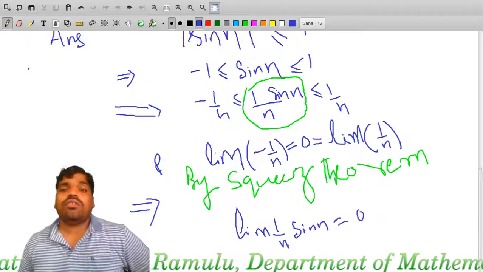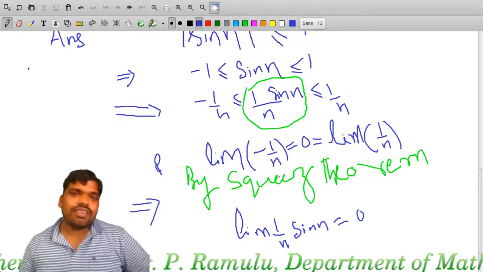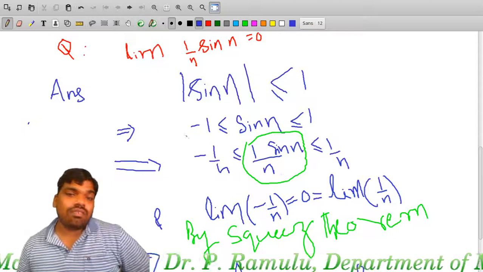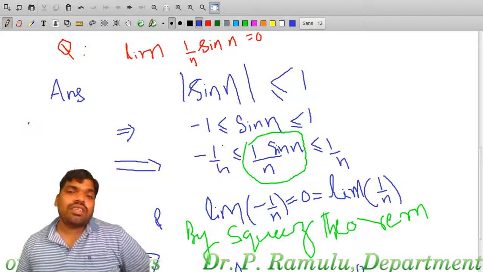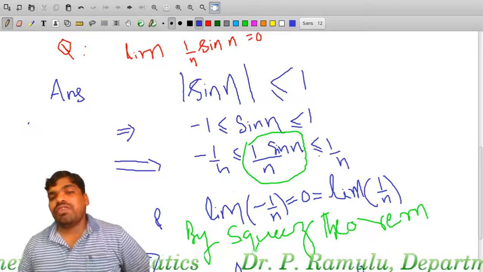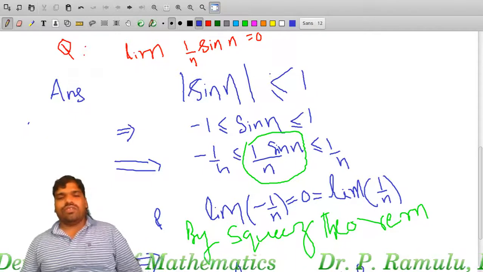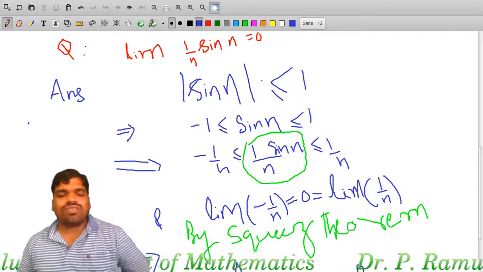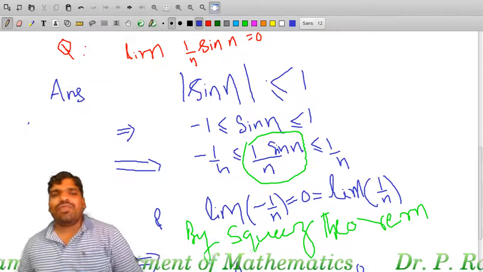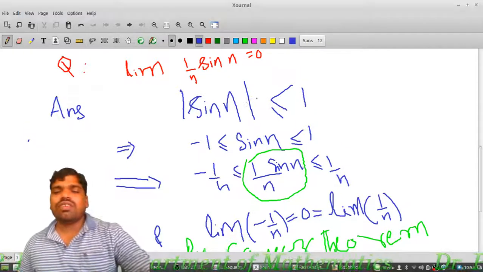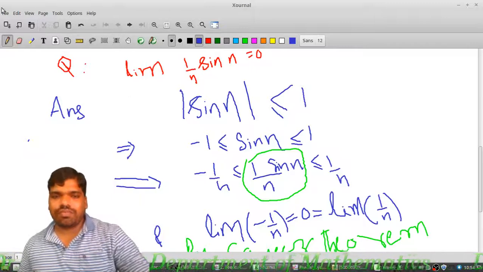So this is where the squeeze theorem is so important. While finding this, I want to find the other two limits. If both converge to the same limit, this also converges to the same limit. Therefore, we show that lim of 1 by n sin n equal to 0. This is the very importance of the squeeze theorem. This kind of different problems, we are now going to solve by using the squeeze theorem.